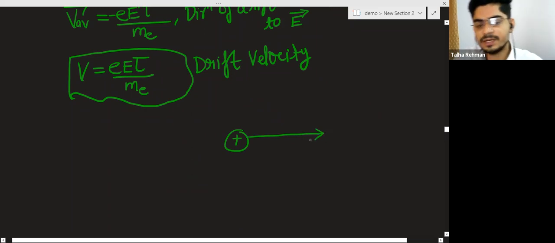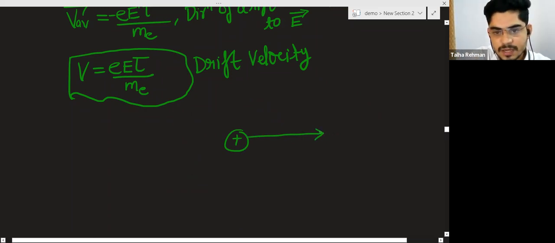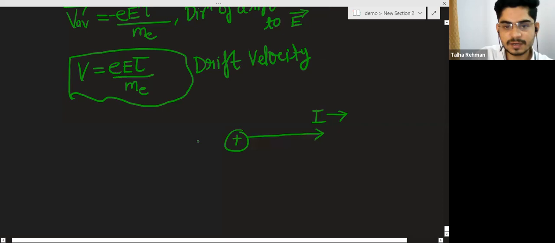This statement has many answers, so I am telling one. This is the motion of positive charge, and we take the direction of current in this direction. But this was defined earlier.